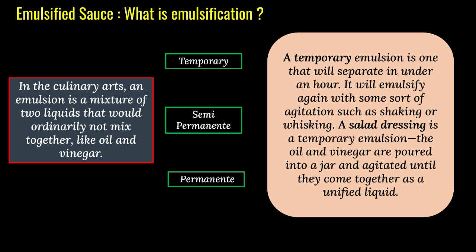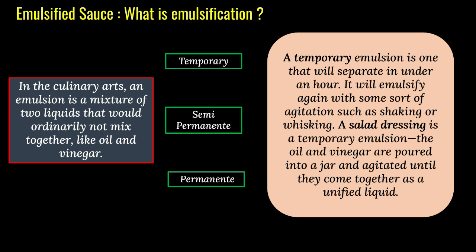You need to have some agitational force, like I have shaken the bottle or I whisk the mixture by using a balloon whisk. Then only they will be mixed. Very good example is a salad dressing. It is a temporary emulsification process where the oil and vinegar are poured into a jar and agitated until they come together as a unified liquid.